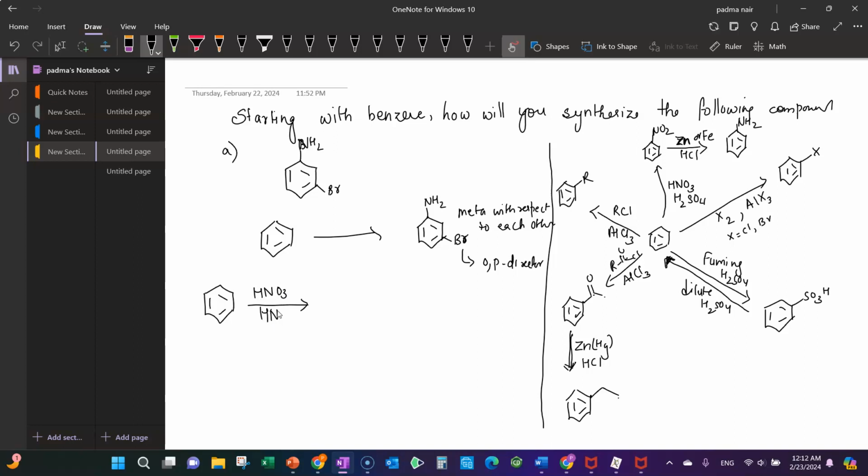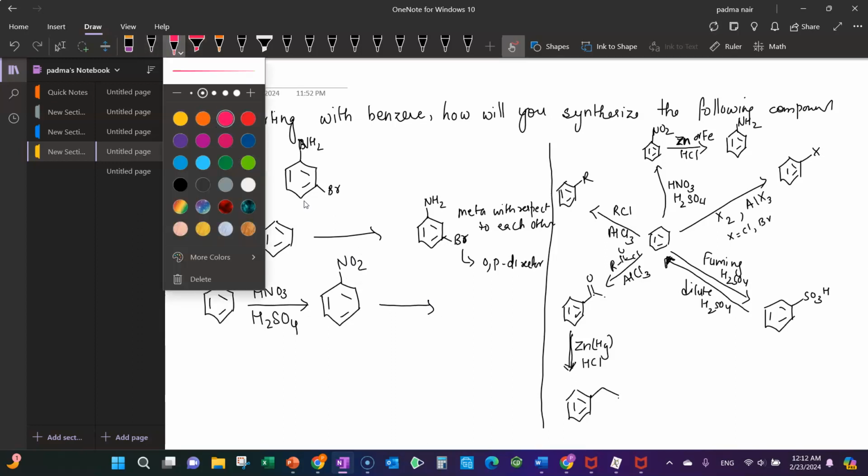Here, when we are doing a synthesis reaction, you do not have to show the mechanism. You just write down the reagents and the intermediate compounds. Okay, so nitrating mixture. This is the nitrating mixture. This will place the NO2 group on the benzene ring. So we place the NO2 group on the benzene ring. And now the next step would be to brominate it because NO2 is now our ortho para directive.